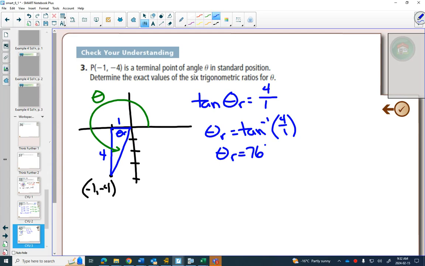We'll put approximately 76 degrees. And so we could tell that our actual angle, if we wanted to, was approximately 180 plus 76, 256 degrees.